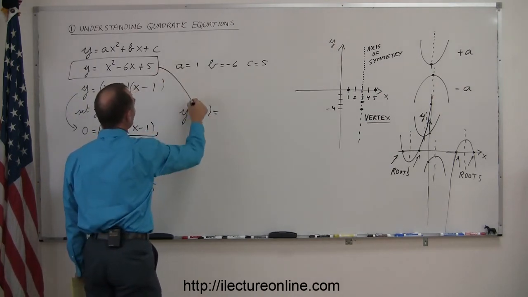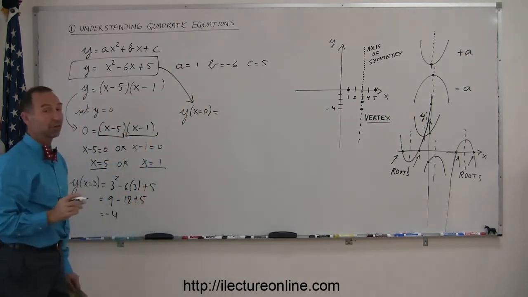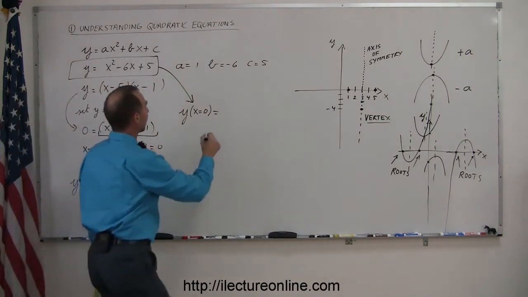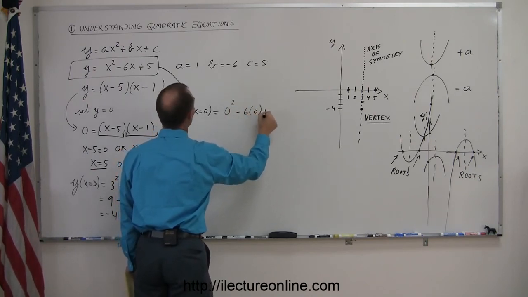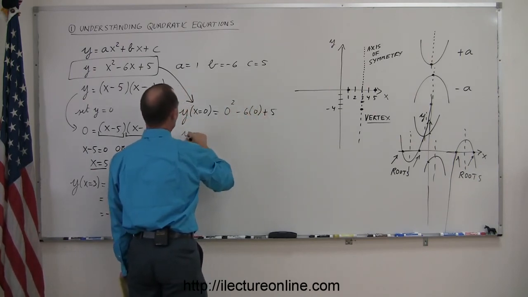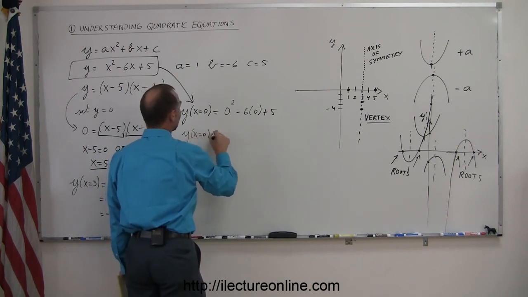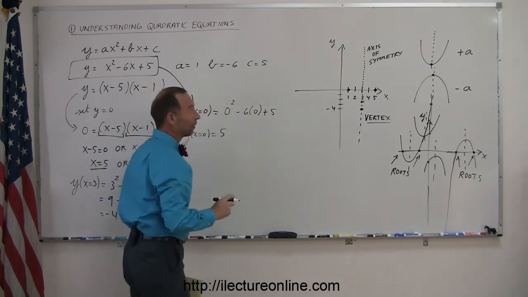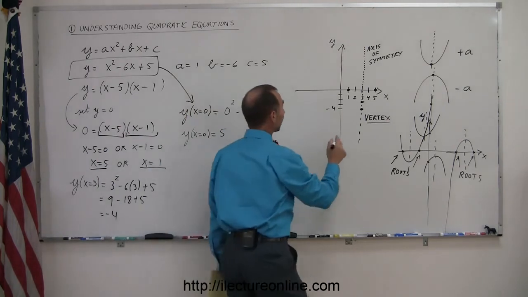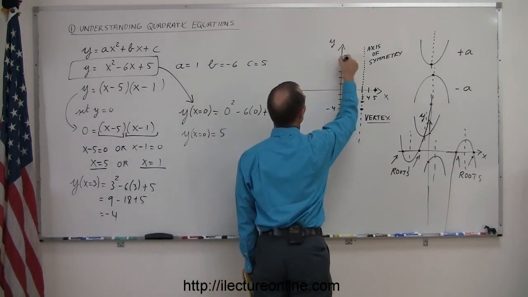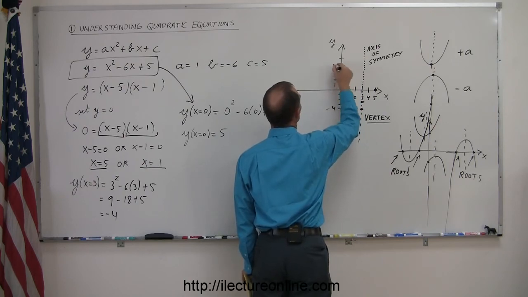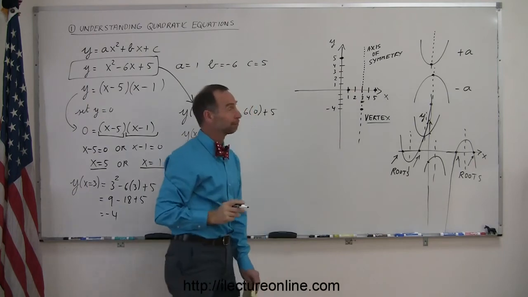I get 0 squared minus 6 times 0 plus 5, so y when x equals 0 is equal to 5. Going to my graph, when x equals 0, my y value should be 5. So it's 1, 2, 3, 4, and 5. And so my parabola must cross that point as well.